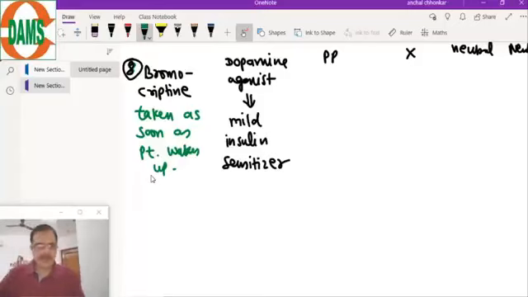So they should be taken as soon as the patient wakes up in the morning. Bromocriptine is used in other indications like Parkinson's, etc.